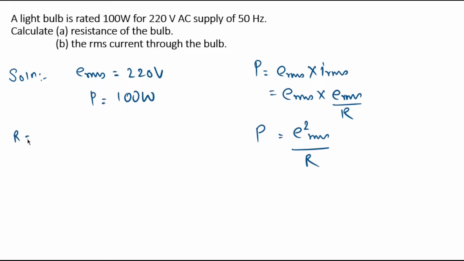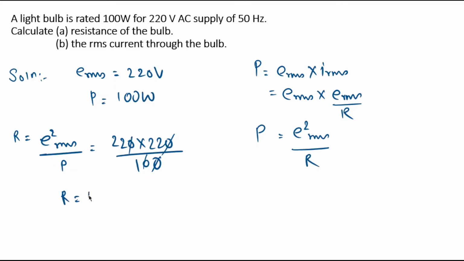So R can be written as E RMS square divided by P. E RMS is 220, and E RMS square will be 220 into 220, and power is 100. These two zeros get cancelled. 22 into 22 is 484, so we get R equal to 484 ohms.